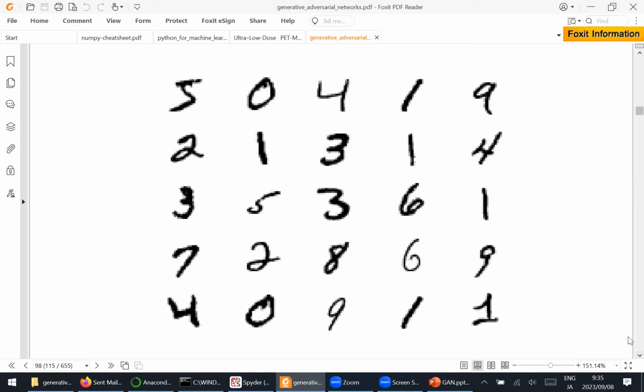In this example, we're not classifying the numbers, but we want to generate random numbers that look sort of like real numbers. The discriminator is the same: is this a real number from MNIST, or is this some fake number? The discriminator has to decide.